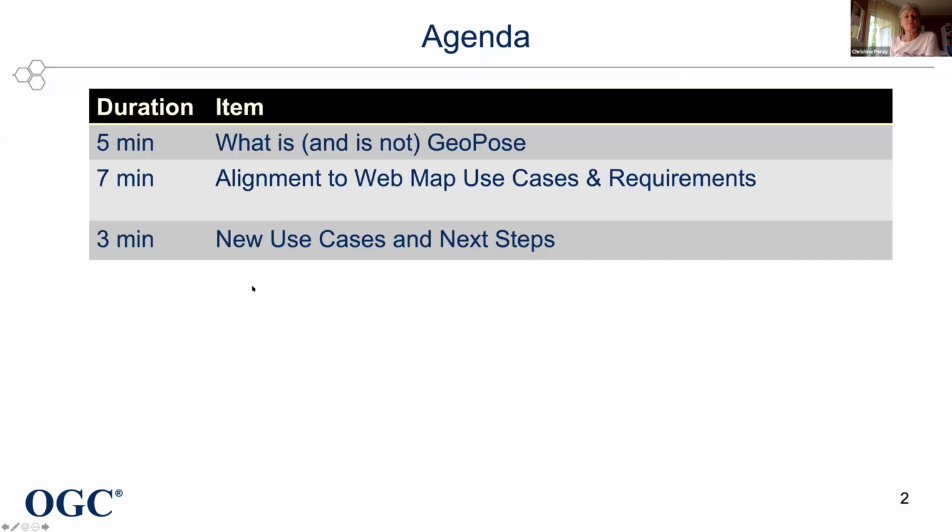We'll be focusing primarily on the alignment between GeoPose and WebMap. But before that, I'll give a few minutes on GeoPose. And then hopefully we'll have a little time, and we're going to transition into a discussion after this for more use cases and maybe showing and talking about where things go next.